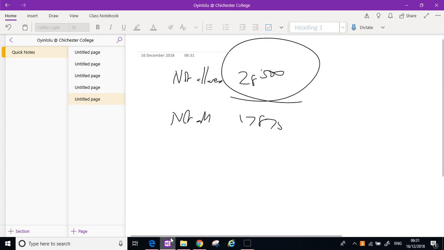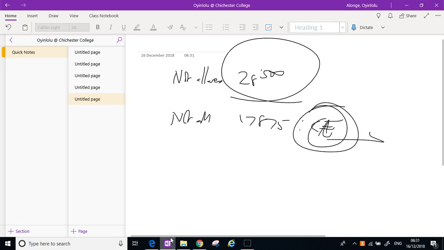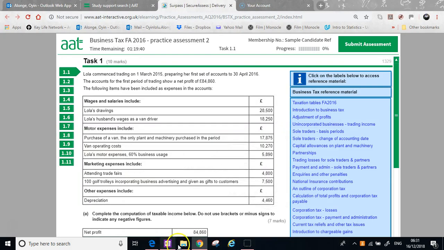That's a capital expense, so you would put that through your capital allowances. You calculate capital allowances on that. It's only 17,875. Van operating costs will be allowed.